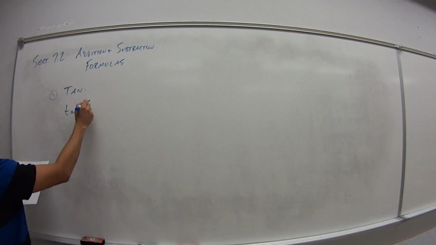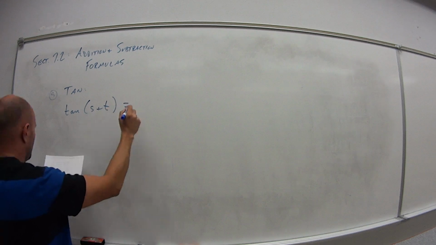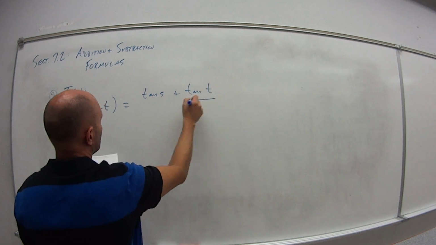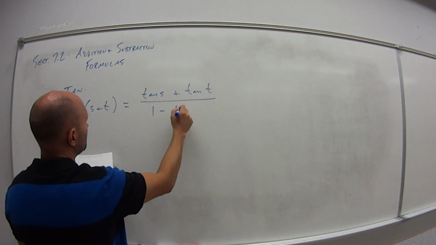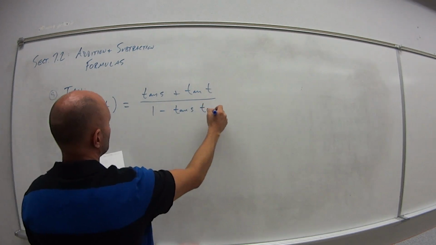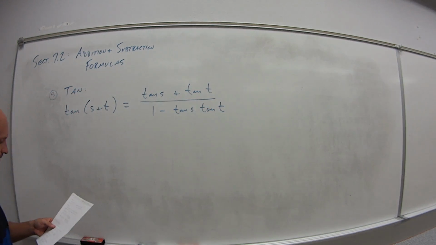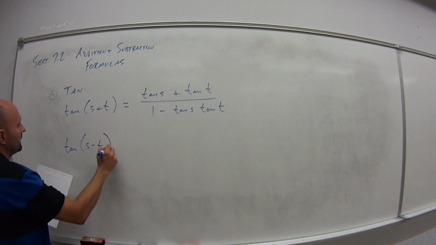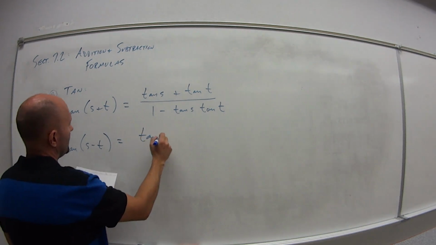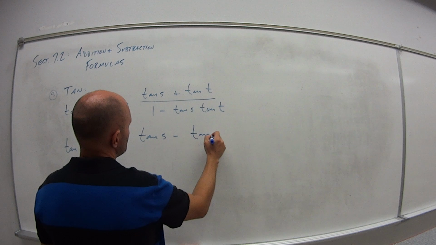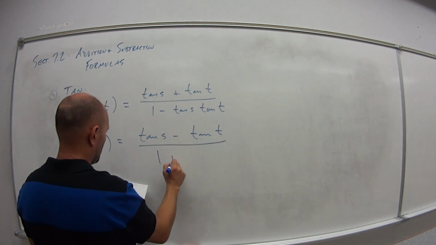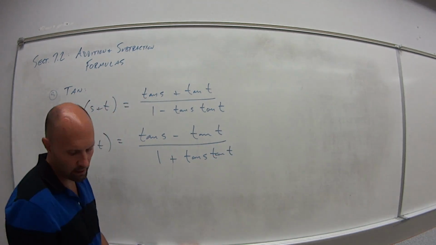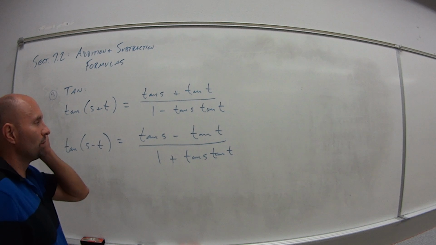We have tangent of s plus t is equal to tangent s plus tangent t all over 1 minus tangent s times tangent t, and then tangent of s minus t is tangent s minus tangent t all over 1 plus tangent s times tangent t.